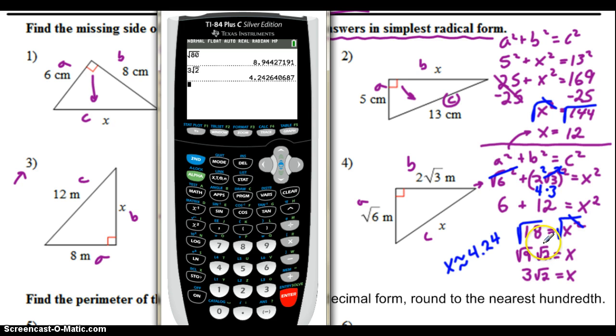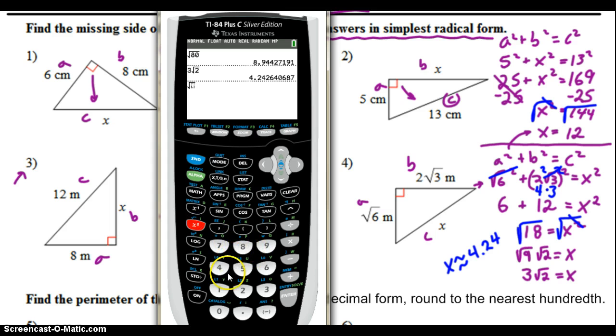Think about fractions. When you simplify fractions, you might have 4 over 2, which ends up being 2 over 1, which is the same as just 2. And when we're simplifying square roots, the same thing happens. The square root of 18 is the same value as the square root of 9 times the square root of 2, which is the same value as 3 square root of 2. To show you, look at this. 3 square root of 2 came out to 4.24. What about the square root of 18?